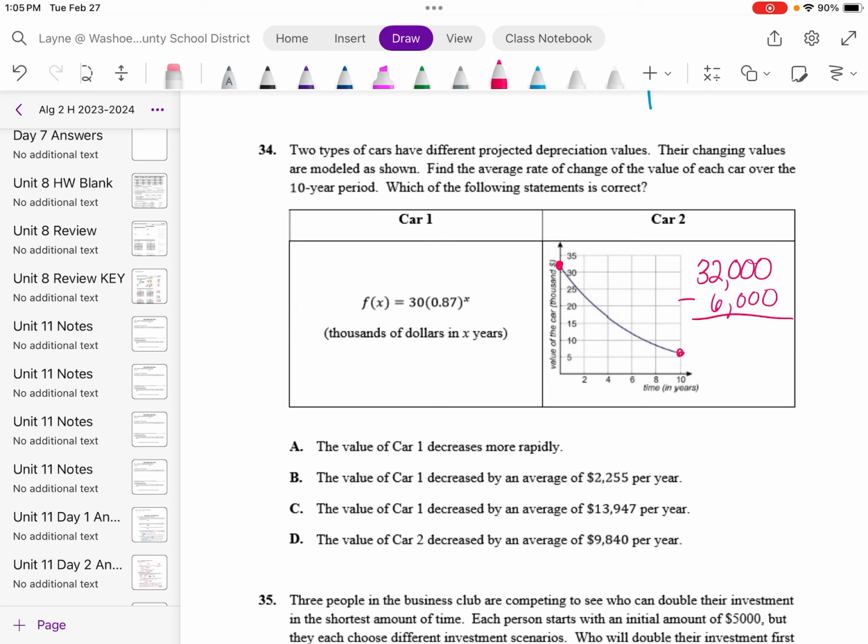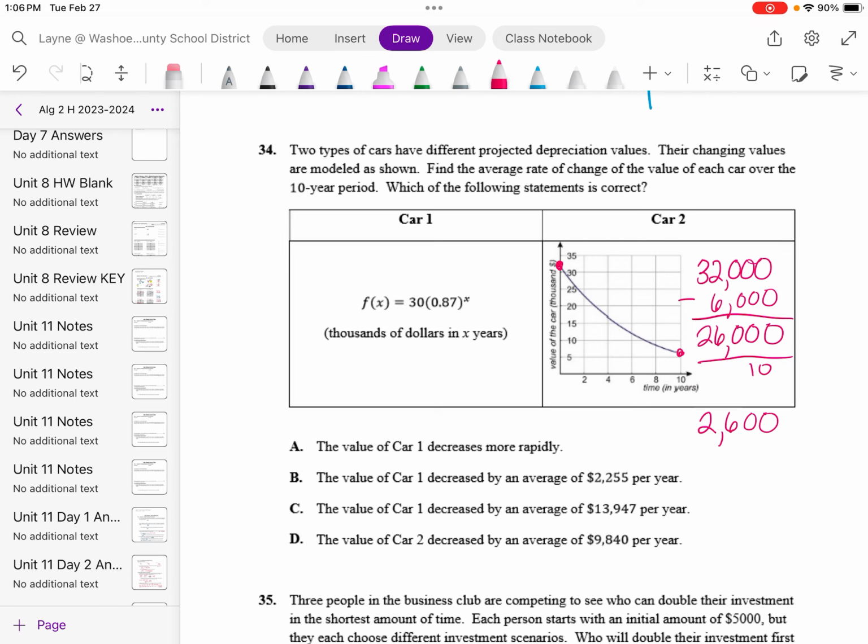So 32,000 minus 6,000, it went down 26,000 in 10 years. So to find how much it went down each year, we just divide that value by 10. So 26,000 divided by 10 is going to be 2,600.